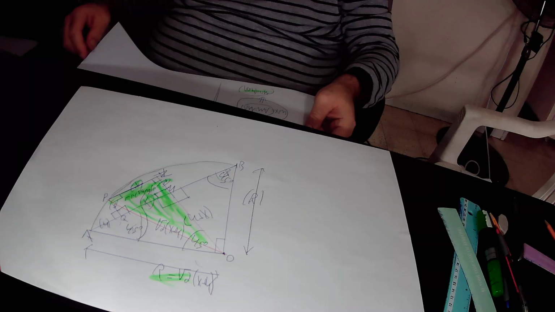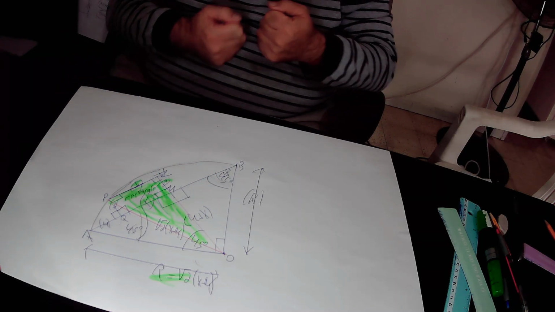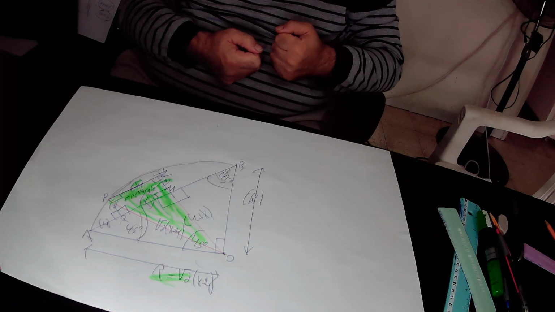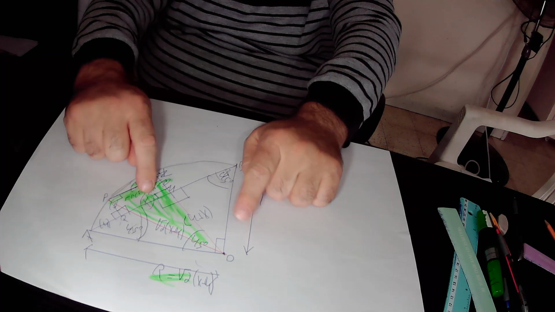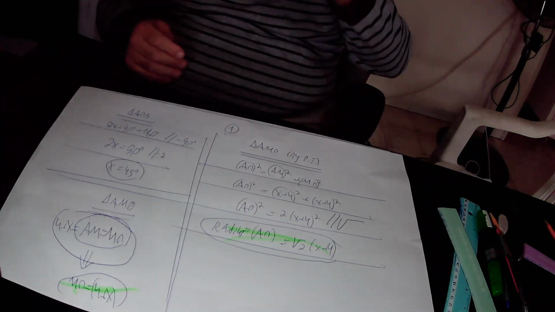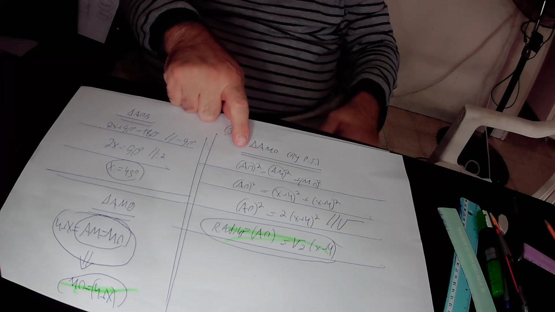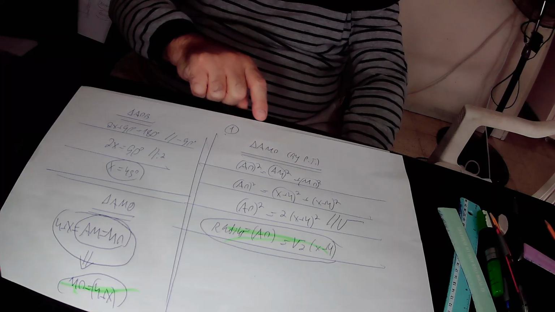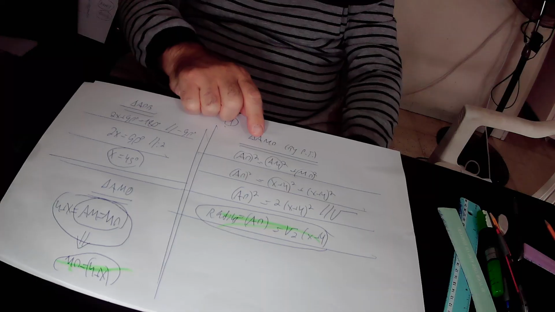The next step is implementing the Pythagoras theorem on this right triangle AMO. According to the Pythagoras theorem, in a right triangle, the square of the hypotenuse equals the sum of the squares of the perpendicular sides. So in the right isosceles triangle AMO, AO squared, the square of the hypotenuse, equals AM squared plus OM squared.